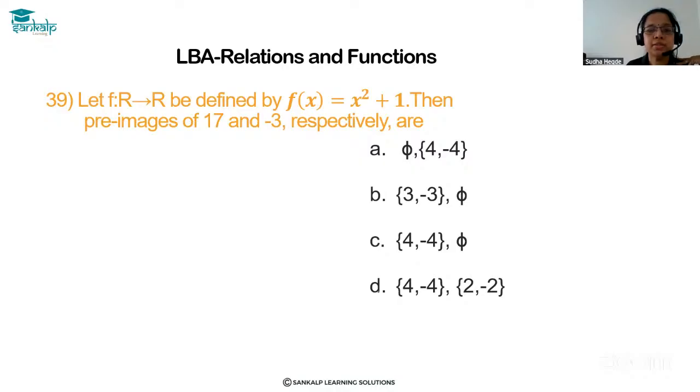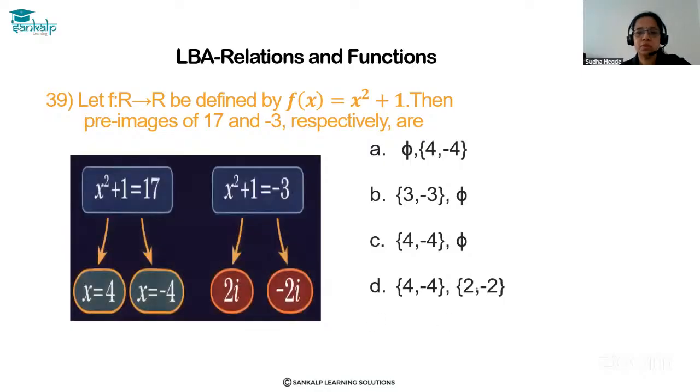Hi students, the question is, let f from R to R be defined by f of x is equal to x square plus 1. Then the pre-image of 17 and minus 3 respectively are. So what is given here?